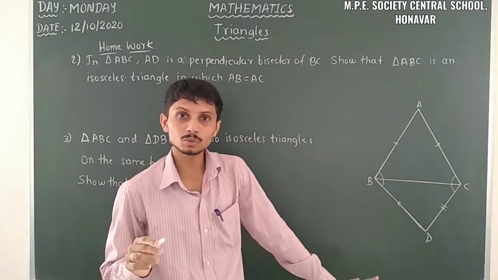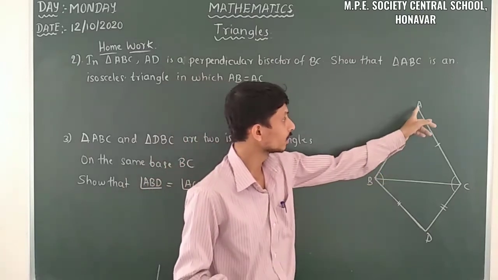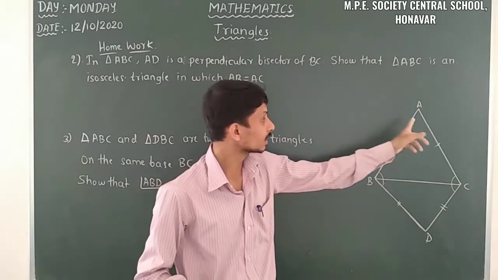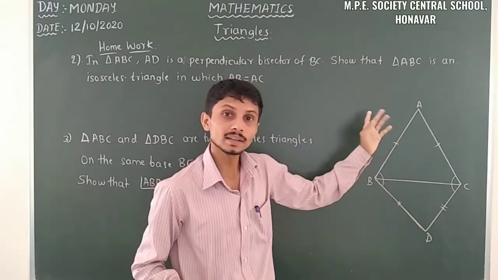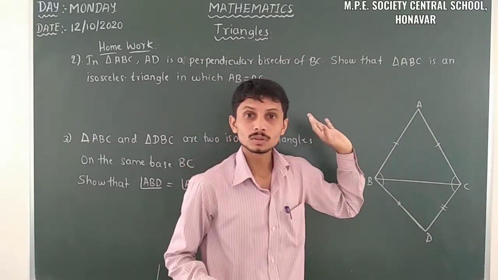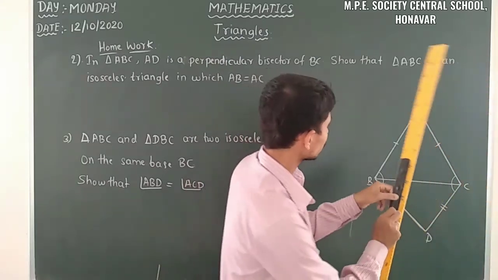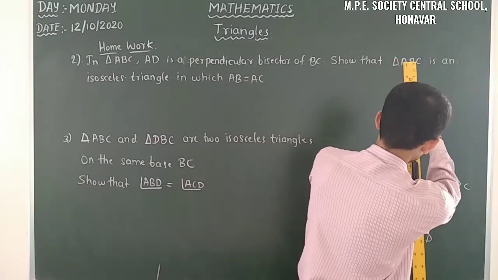So for that, what you have to do is construct a line AD. You have to draw a line AD. Then it becomes two triangles, ABD and ACD. Here you have to draw a line like this.